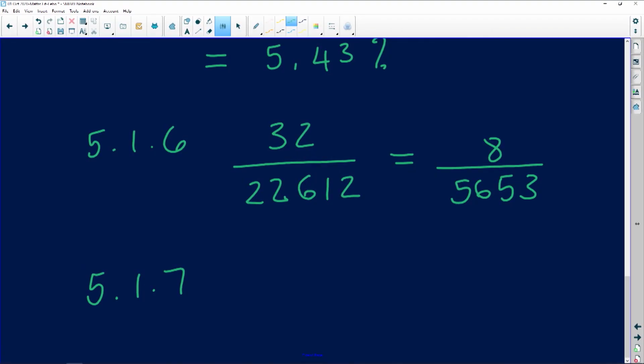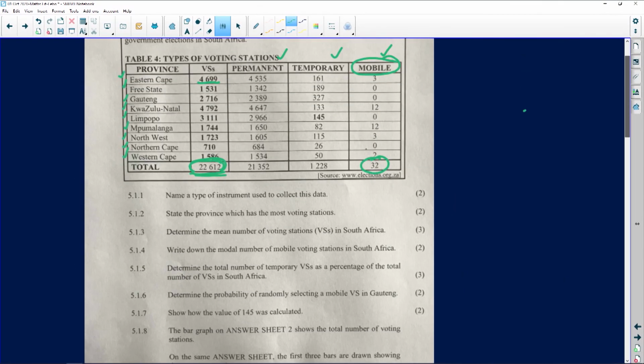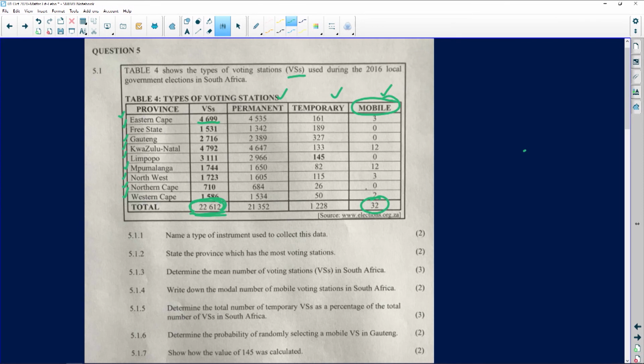The next question says, show how the value of 145 was calculated. Let's look at 145 to see exactly what they're asking us for. They want to know how 145 was calculated. My wild guess would be that these two numbers were subtracted from each other.